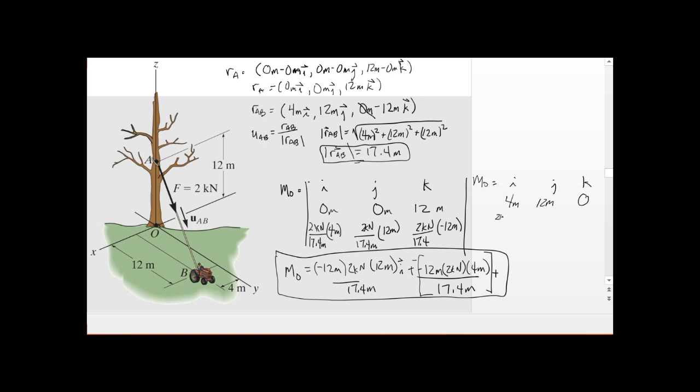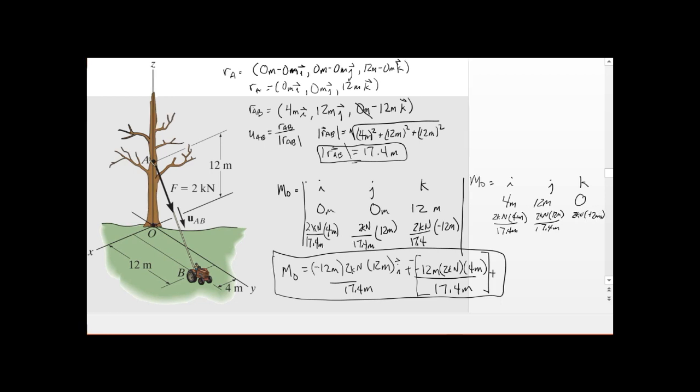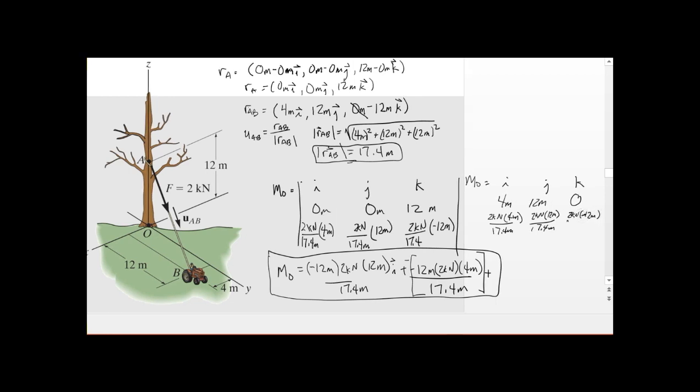So 2 kilonewtons times 4 meters divided by 17.4 meters. 2 kilonewtons times 12 meters divided by 17.4 meters. And the last one, 2 kilonewtons times minus 12 meters. Make sure everybody sees that's a negative. Divided by 17.4 meters. And we would calculate the cross product from this one.